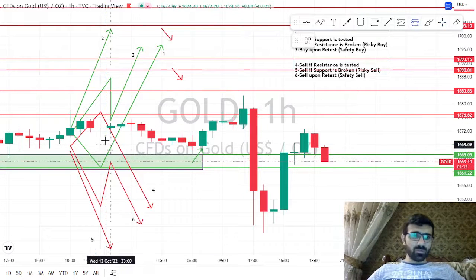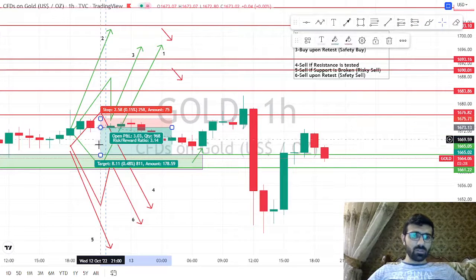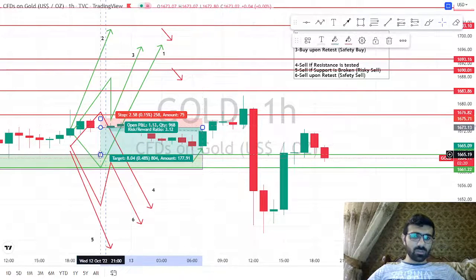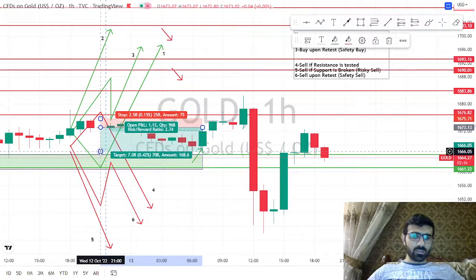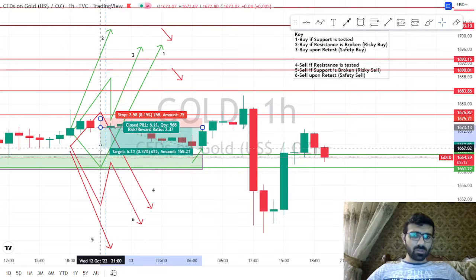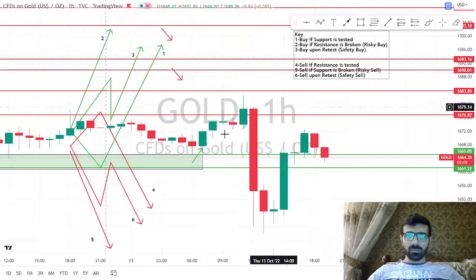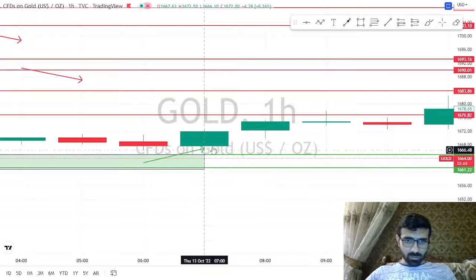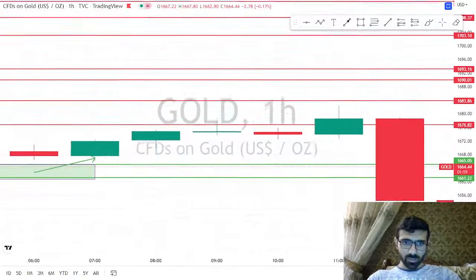So if we would have taken this selling, then we could have made a good profit of approximately 2.6%, which is good. And then, as you can clearly see, this area of support was almost tested over here, and we could have taken a buy entry from here.